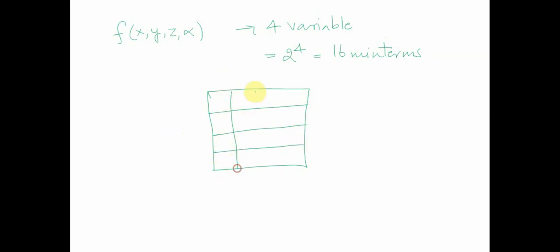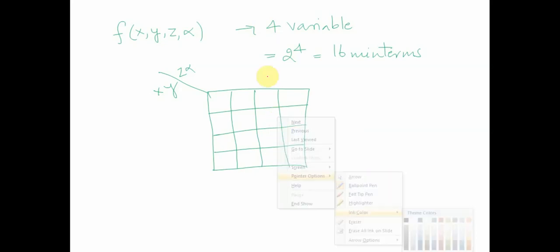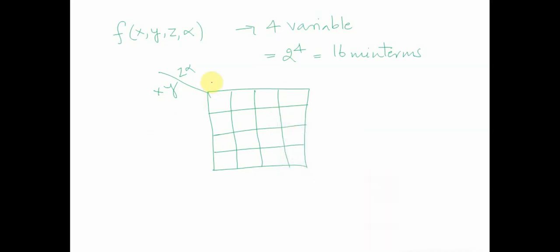This will be something like I'll be showing you. Let's assume we have x and y over here and z and alpha over here, right? We have already seen 0 0, 0 1, 1 1, 1 0, where only one variable changes. The same thing will be applicable here: 0 0, 0 1, 1 1, 1 0.